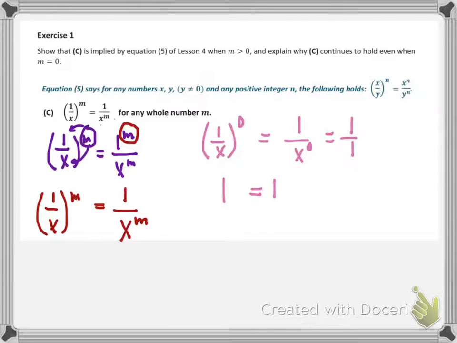So we have proved that both sides are equal even if the exponent is 0. For positive exponents this is true, and now we've shown that for an exponent of 0, it also holds true. All right, let's go to exercise 2.